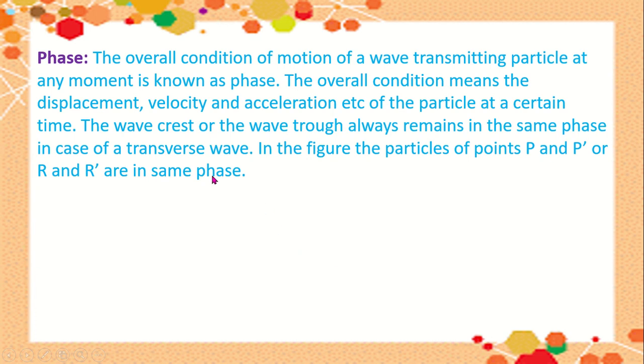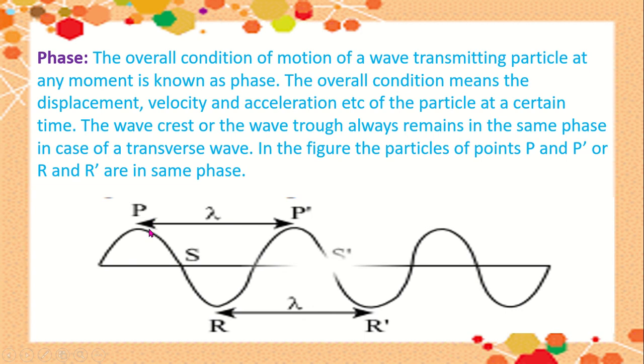That means two crests are in the same phase and two troughs are in the same phase. Look here, P and P prime are two crests, they are at the same phase. That means they are in the same condition. And here two troughs, R and R prime, are at the same phase. And you know, the distance between two crests or between two troughs is known as wavelength.